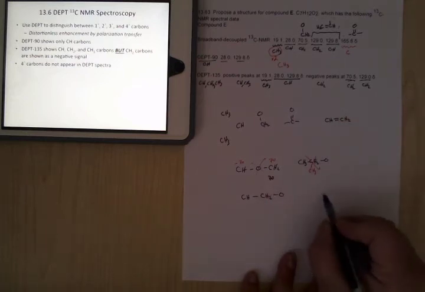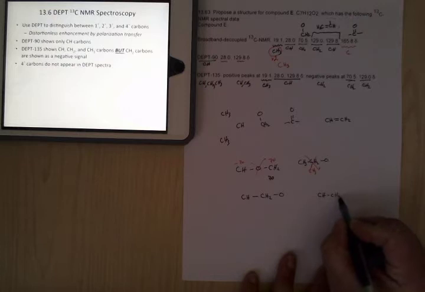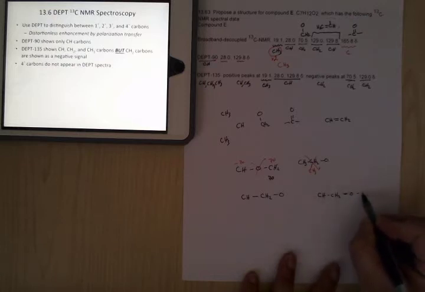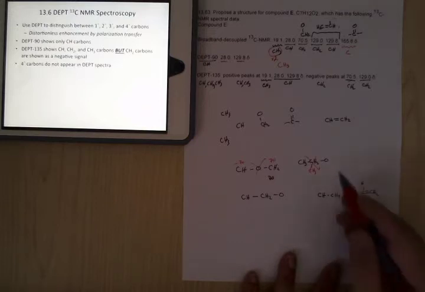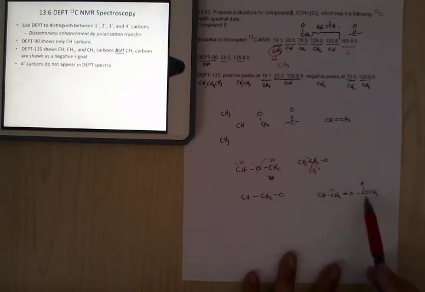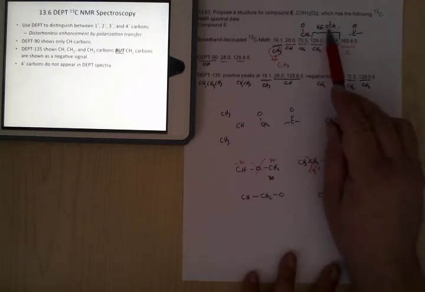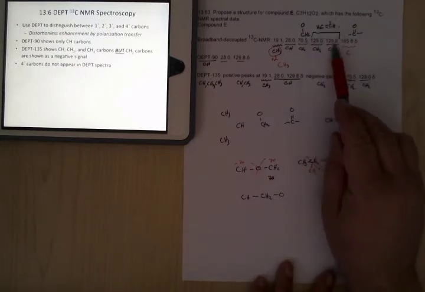So what about CH2O, CH2, something like this? Well, that would give the chemical shift here, that would be fine, that's 70. But this one here is right where we need it to be, right in the alkene.